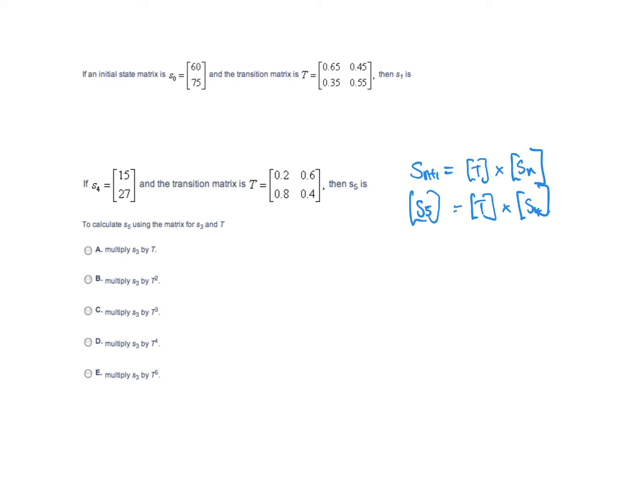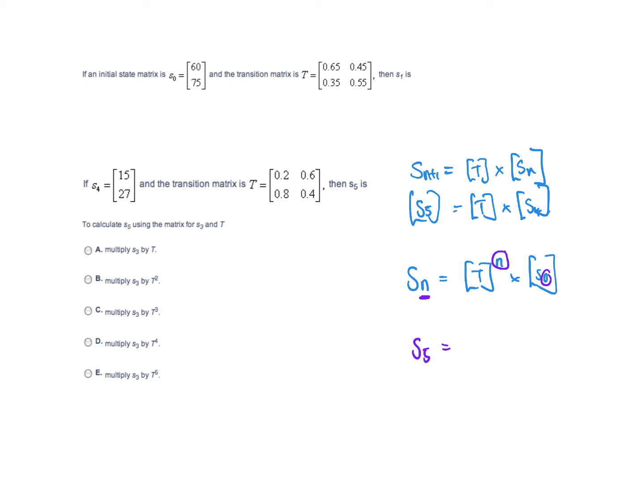So if you remember back when I said if you want to find the nth state, we do the transition to the power of n times S0. But what I said was that these two numbers had to add up to what you wanted. So in this question, I want 5.